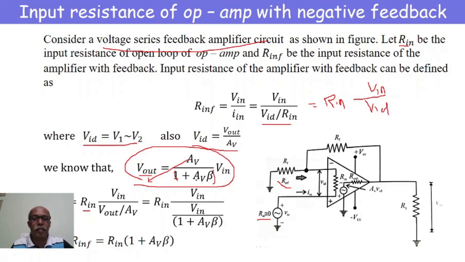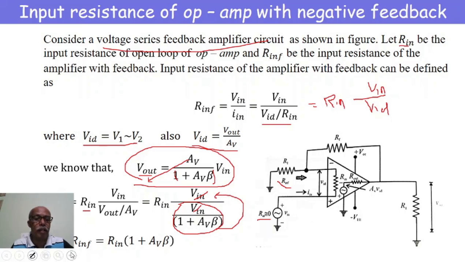V out by AV is therefore equal to Vin divided by what I have written here. Instead of V out by AV, from this relation it is Vin by 1 plus AV into beta. Therefore these Vin's get cancelled, and as 1 plus AV into beta is in the denominator of the denominator, it will move to the numerator.